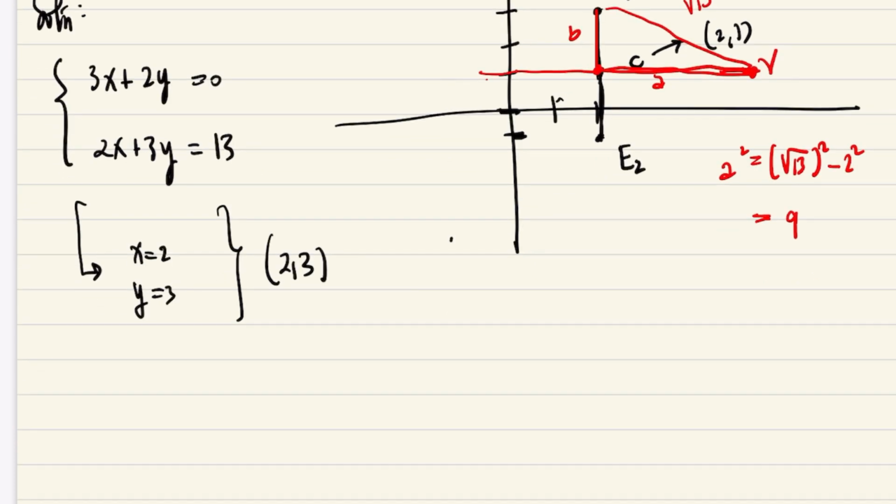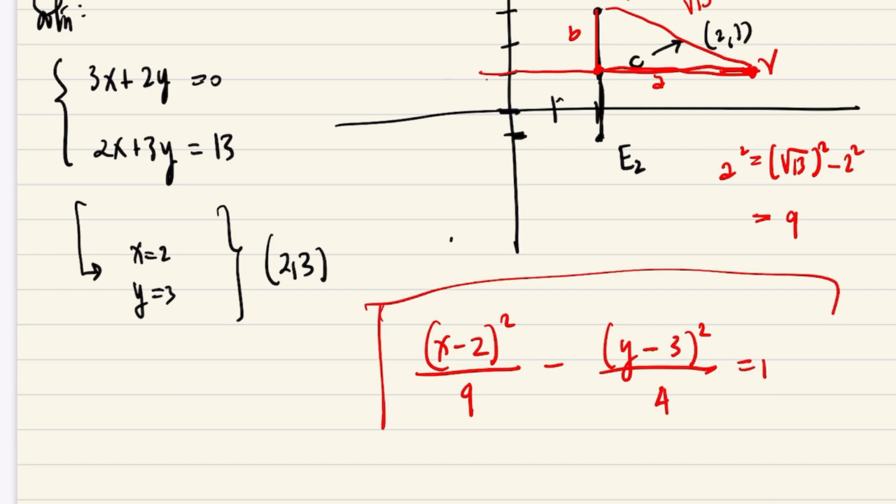So we have x minus 2 squared over A, which is 9, minus y minus 3 squared over 4 equals 1. So this is now the equation of the hyperbola.